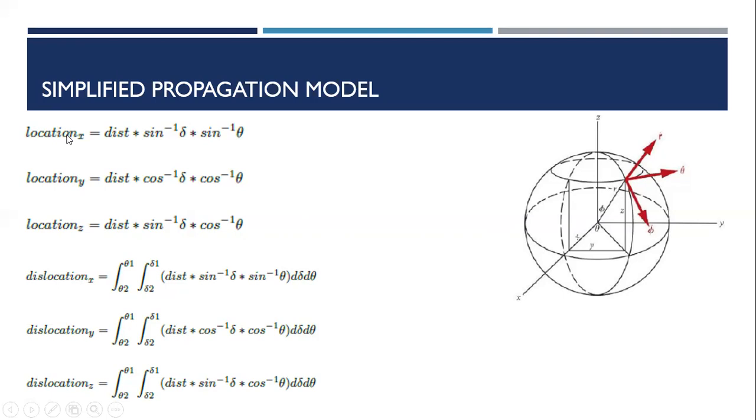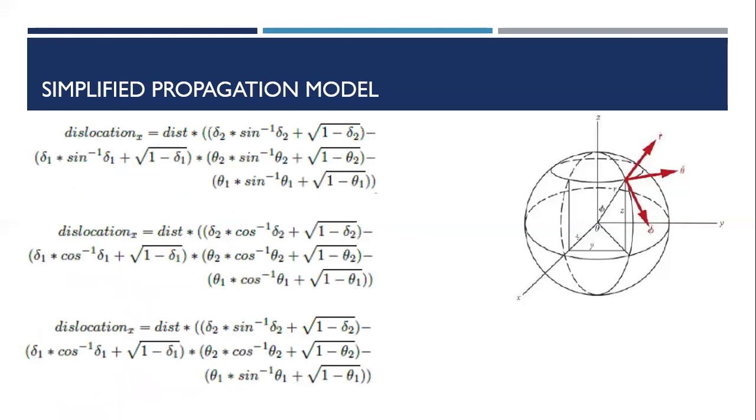Right. So once we have the location XYZ, the small change in the location of the receiver can be found using these integrals right here, which tell us about a small change with respect to theta as well as delta. And we will simply be taking their integral. After using integration by parts, we obtain the following three expressions of dislocation x, dislocation y, and dislocation z. Sorry about these typos here.